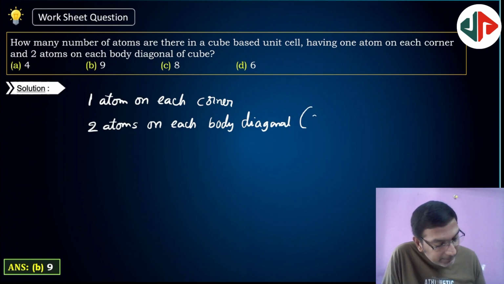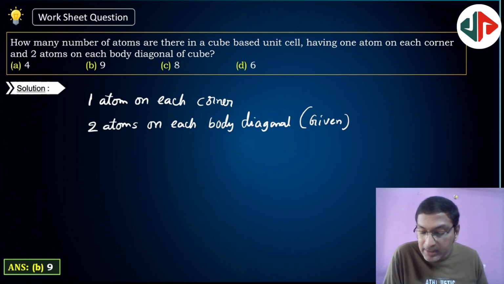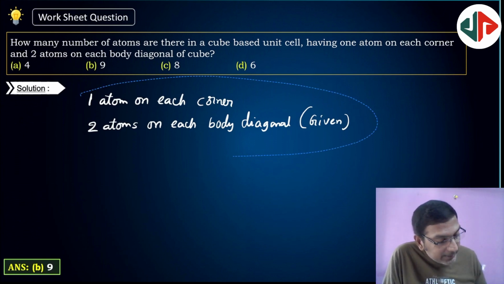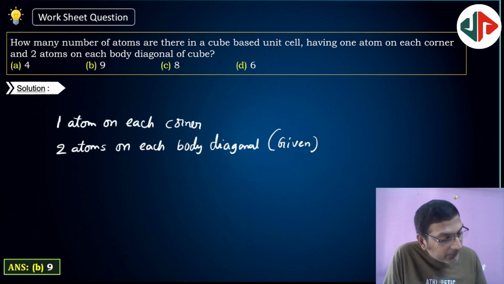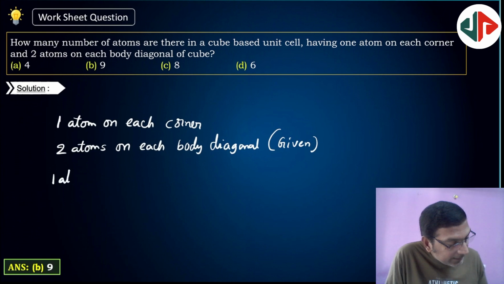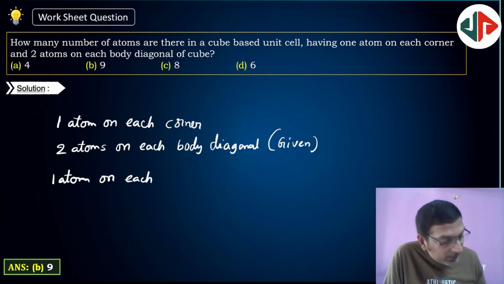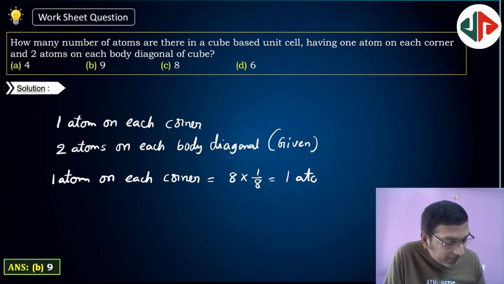So one atom on each corner means, we know corners will be 8. 8 into contribution 1 by 8, 1. So therefore effective number of atoms 1.